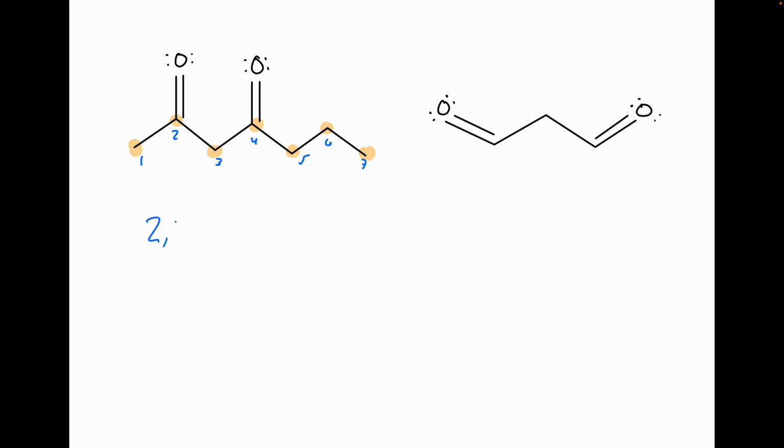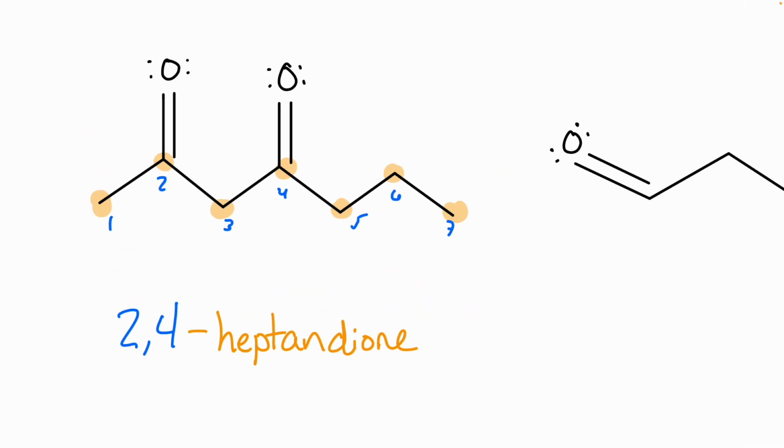So this would be 2,4-heptanedione. And what's wrong with this name here? Heptanedione, 2 consonants. So what are we going to keep in the middle here? Yeah, not hepdione, but we're going to keep the E and make it heptanedione.